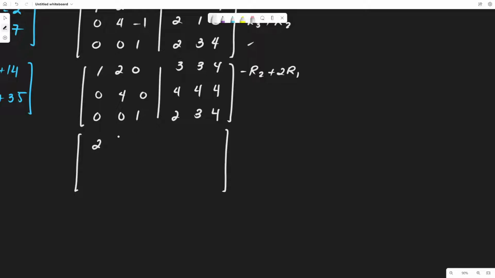Then this will become 0, obviously. Then negative 4 plus 6 is positive 2. Negative 4 plus 6 is positive 2. Negative 4 plus positive 8, so that is positive 4. Kopyahin na lang natin yung iba.